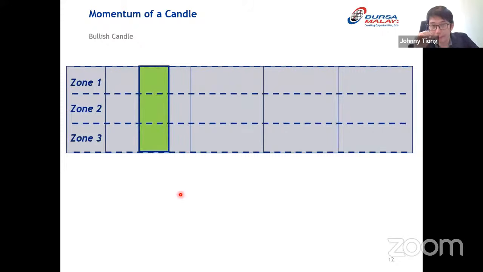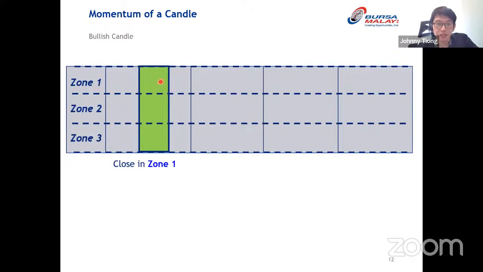There's a purpose in putting the animation on the candle. This candle appears from bottom to up, meaning it's a bullish candle, whereby the opening is at the bottom, and as the trading day goes on, it moves up. This is the closing. It is a bullish candle because it closes in zone 1.